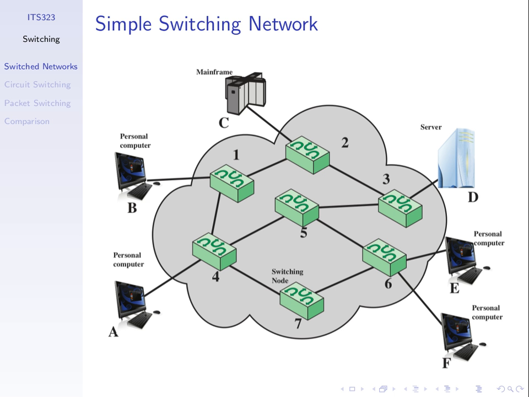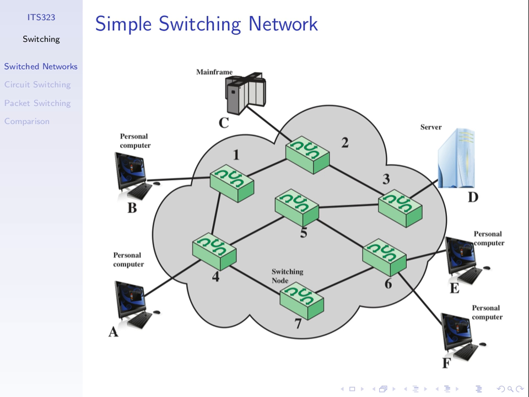So commonly inside the network, these links use multiplexing, which would allow, for example, if this link had a capacity of 100 megabits per second, A was sending to F at 1 megabit per second, then it would allow B to send to E via this same link at 1 or 2 or 3 megabits per second, so that we can share this link capacity amongst multiple users. So multiplexing inside, point to point for the stations.